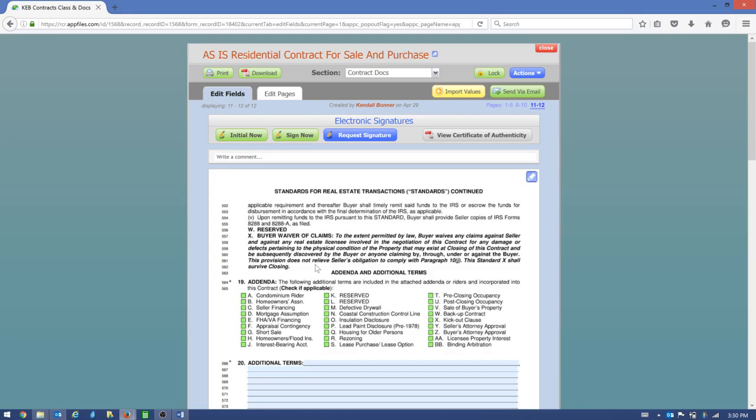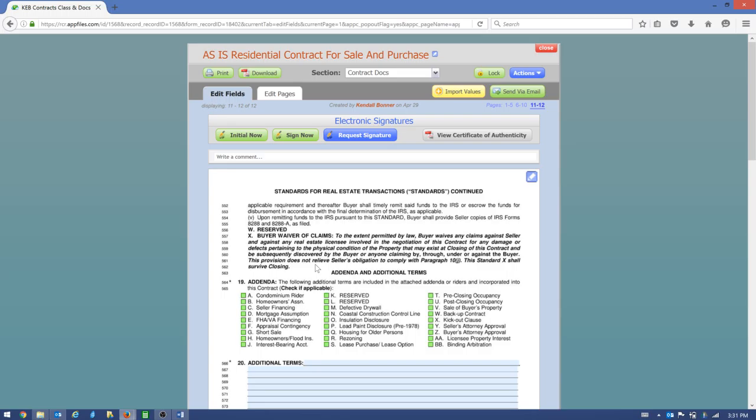To the extent permitted by law, buyer waives any claims against the seller and against any real estate licensee involved in the negotiation of this contract for any damage or defects pertaining to the physical condition of the property that may exist at closing of this contract and be subsequently discovered by the buyer or anyone claiming by, through, under, or against the buyer. This provision does not relieve seller's obligation to comply with paragraph 10J. This standard X shall survive closing.